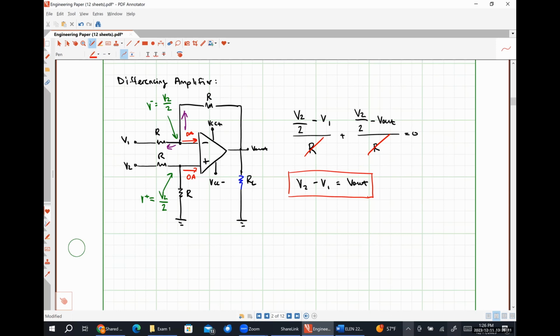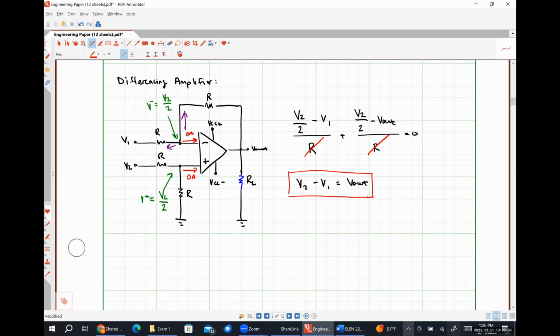If all of these resistors are the same value. If they are not the same value, then we get into the case where we have wonkiness, where one input signal is going to be weighted differently than the other input signal. So it's always going to give us the difference, but the input signals are going to be scaled by different factors, which might be good depending on whatever application we're looking for, and might be bad.